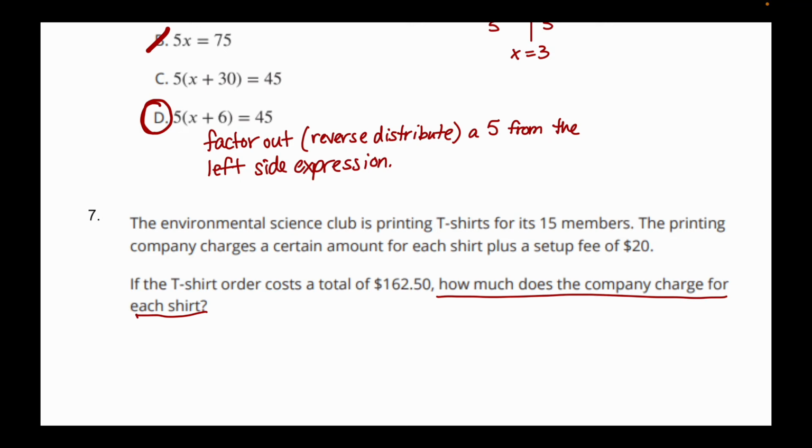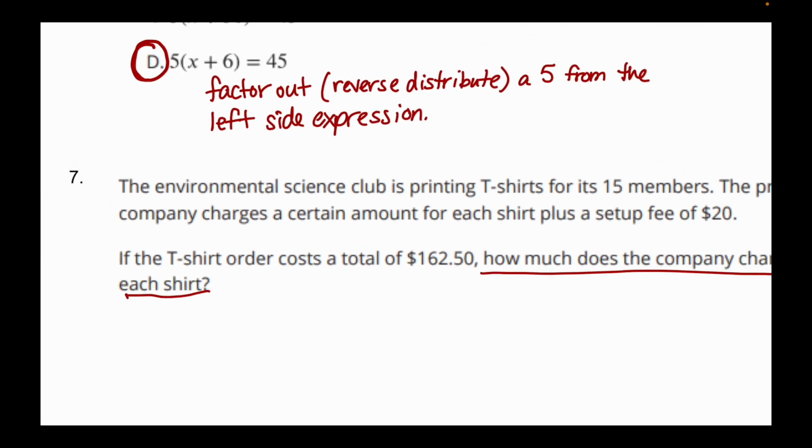But actually, since this is a price, maybe we'll just use P. So the number of shirts that they're going to order is 15. But we have to multiply that by the price of each shirt, and then we have to add the setup fee to it, which would be $20. This is going to give you their total of $162.50.